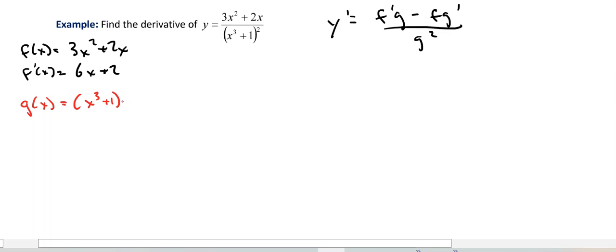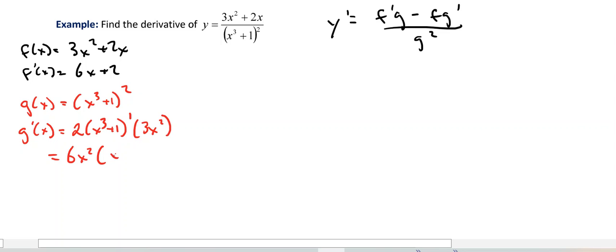The denominator is my g of x, so that would be (x cubed plus 1) quantity squared. And then the derivative of that, using the chain rule, is 2 times (x cubed plus 1) to the 1st power times 3x squared. And so I'm going to simplify that by multiplying the 2 times 3x squared to get 6x squared times the x cubed plus 1.